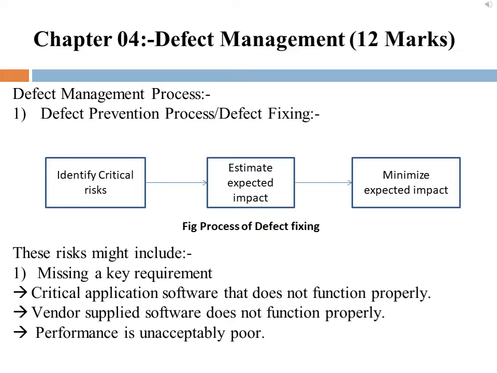The third risk is vendor-supplied software that does not function properly. During software development, a project or product may use several hardware or software components supplied by third-party vendors. If these components do not work, it can create a problem for the customer while using the software system.